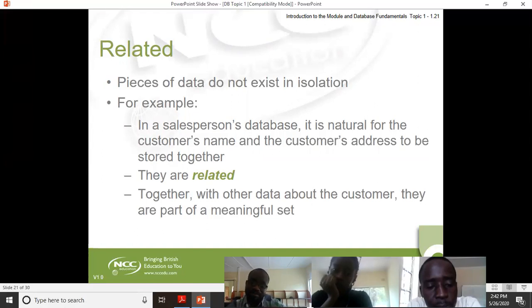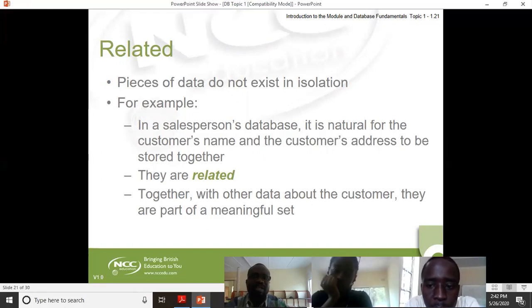By the way, there are types of databases, and the type of database that we are working with is a relational database, meaning that at the end of the day, these tables should be related. That's where the word relational comes from. Things should be related; tables should be related.